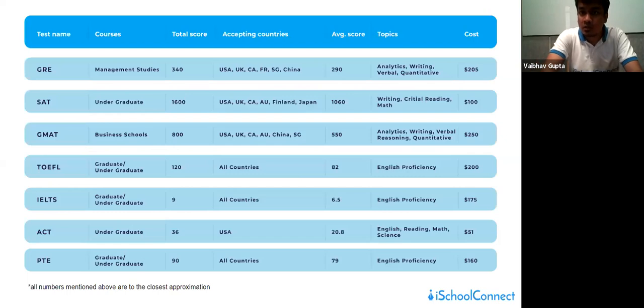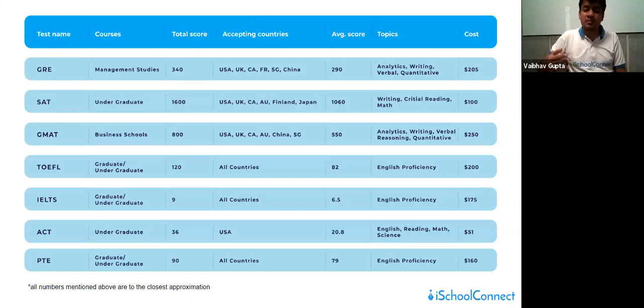Okay, let me hide this. Again, a lot of students don't have clarity as to what examinations there are for international education, and which examination they need to give for various kinds of study abroad applications. There are primarily two categories of examinations.